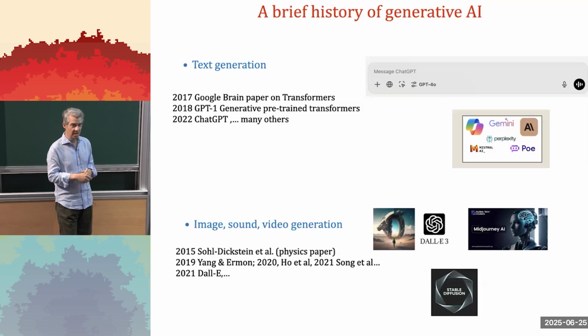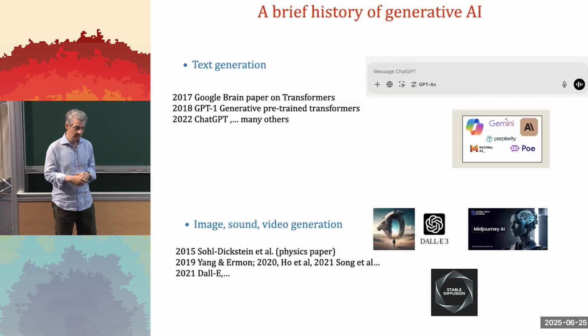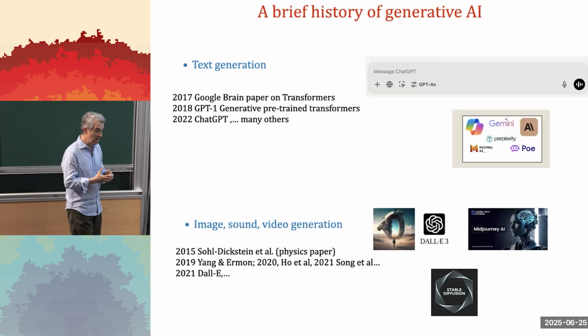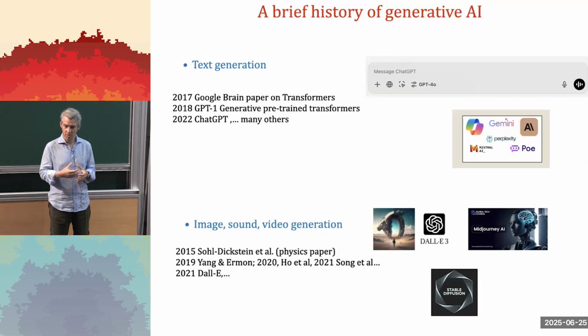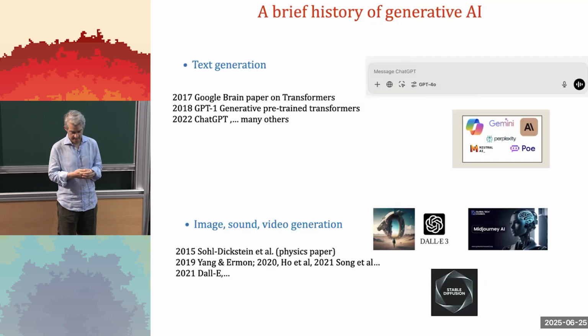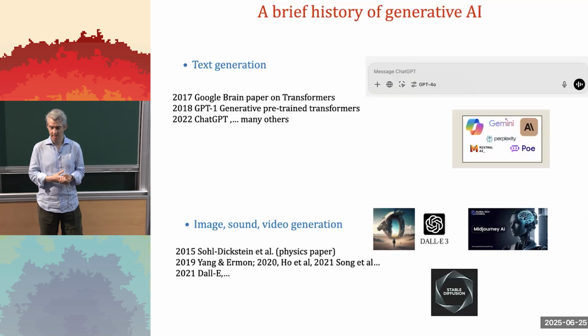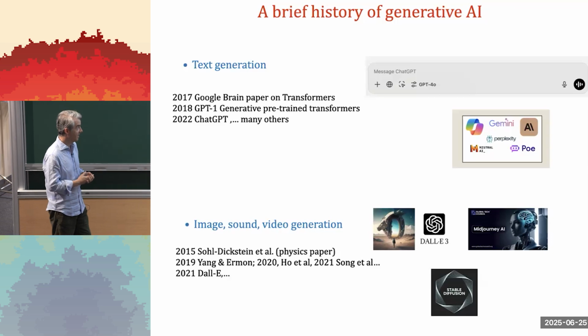in 2015, by Sohl-Dickstein, Ganguli, and others, who were thinking about out of equilibrium thermodynamics, all the relations that came starting from Jarzynski, and whether these kinds of ideas could be interesting for machine learning. I think the original idea came from them.